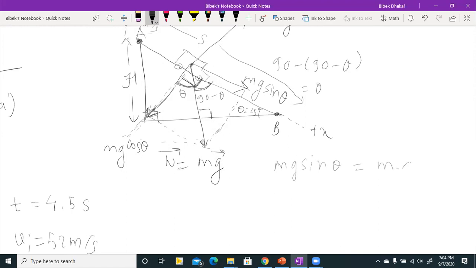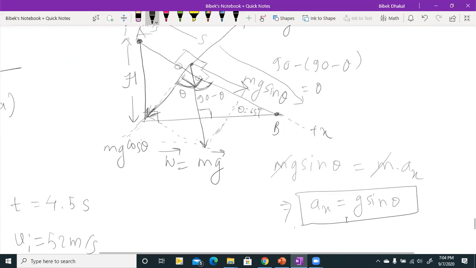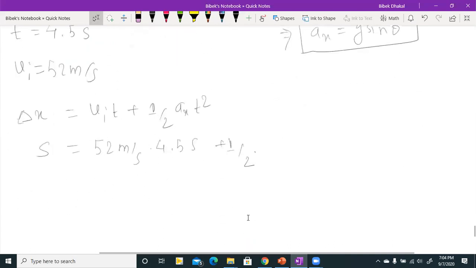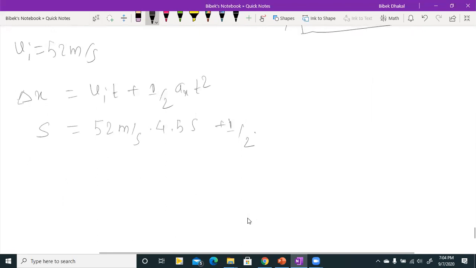That is mass times a x. So your mass cancels, and your acceleration is g sine theta. It's always true for an inclined plane that the acceleration by which any object is pulled downward is g sine theta. So the acceleration is independent of the mass.